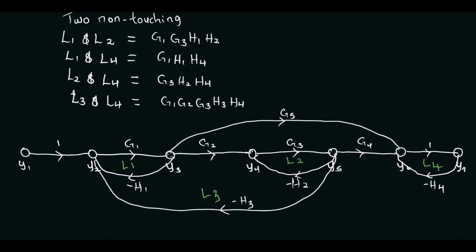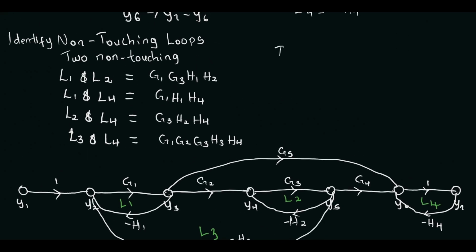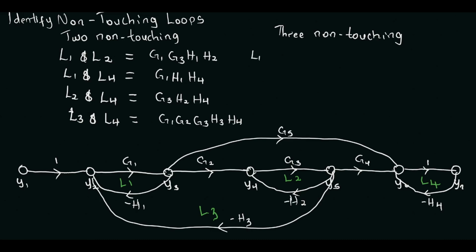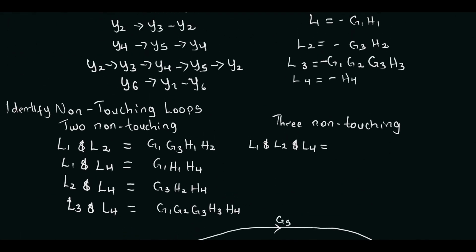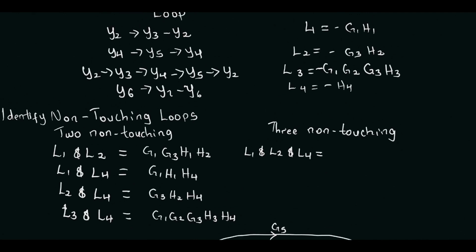Okay. Now it's time for the three non-touching loops. Three non-touching: you have L1, L2, and L4. So multiplying them together, you still have a minus remaining, because minus times minus is plus, and plus and minus will give you a minus.